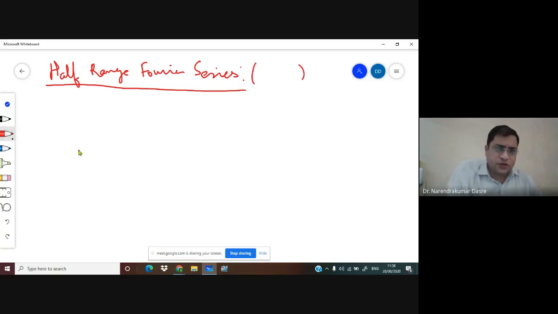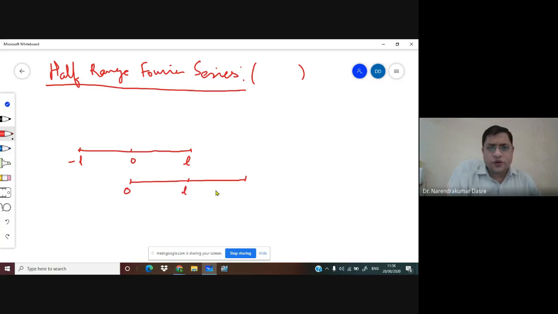If I consider the interval minus L to L, then we have 0. And if I consider the interval 0 to 2L, we have two types of interval. One is minus L to L and the other is 0 to 2L.